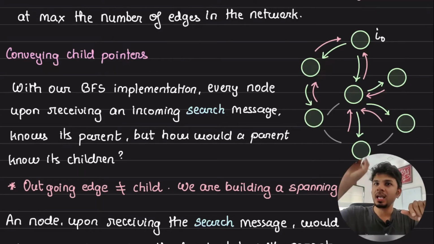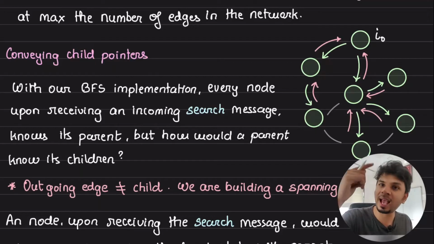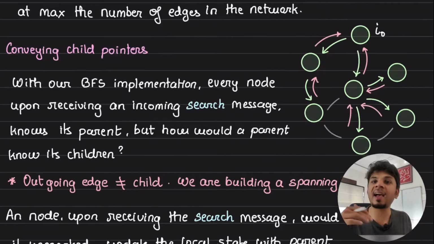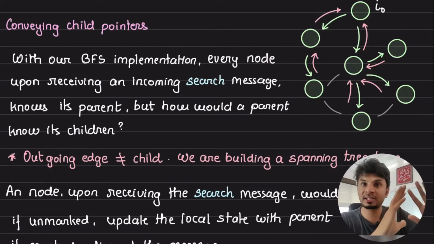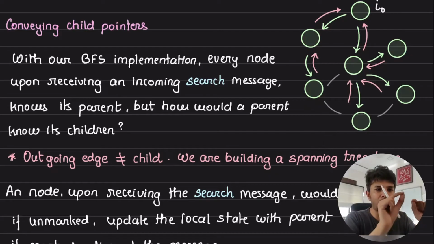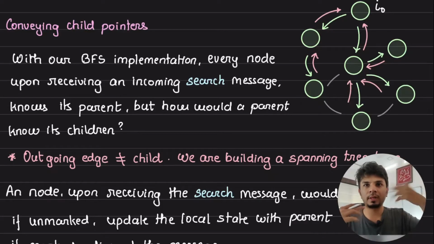For example, if I0 sends a message to nodes A, B and C, and let's say A and C were already part of the spanning tree, then B is the one who received the message for the first time and it marked I0 as its parent. So I0 needs to know that B marked it as the parent. Just having an outgoing edge does not mean that that node is the parent in this distributed breadth first spanning tree. So we need to know out of A, B and C, which one chose it. So I0 should know who did that.